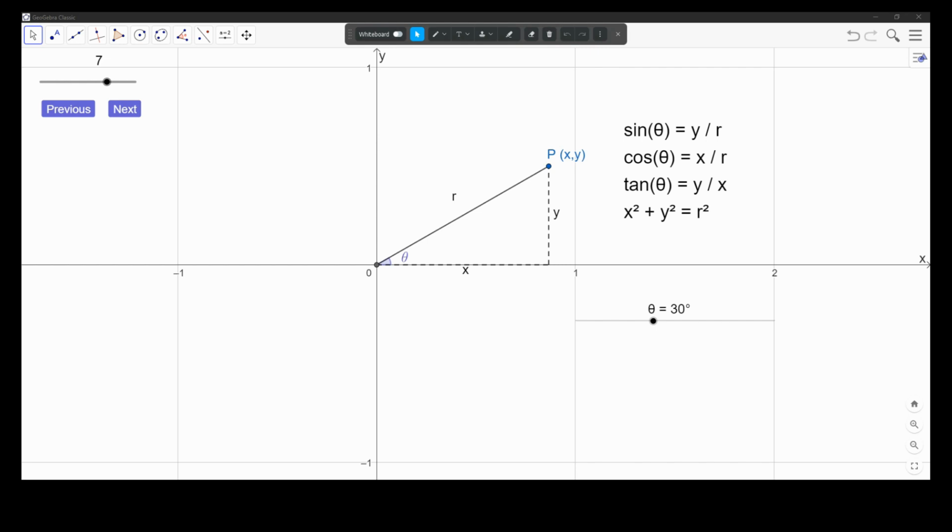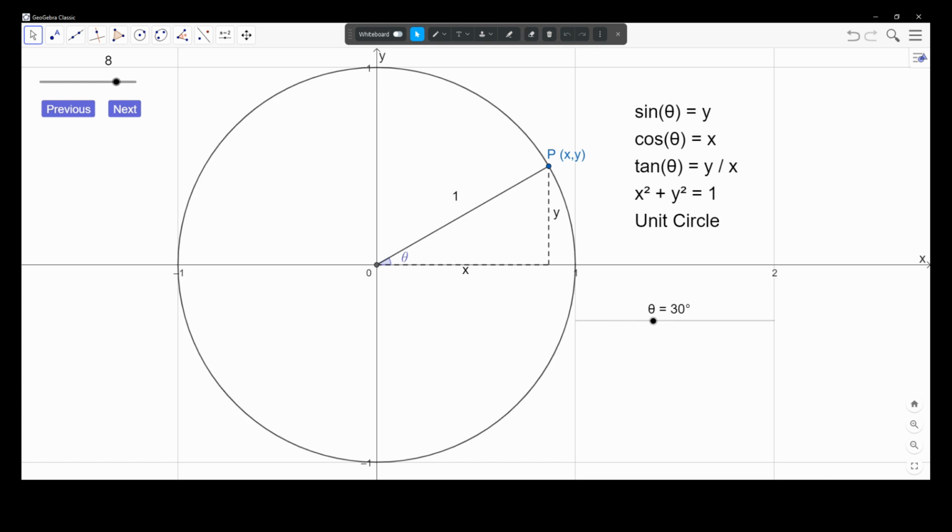Now, just like before, we discussed how scaling of the triangles had no effect on the functions of sine and cosine. The same is true here.